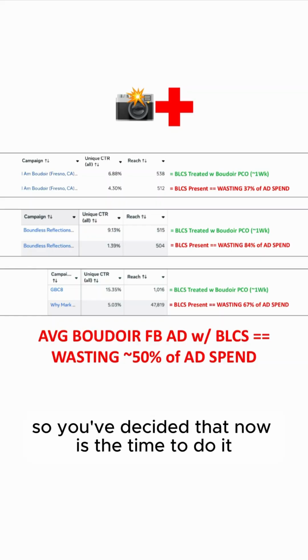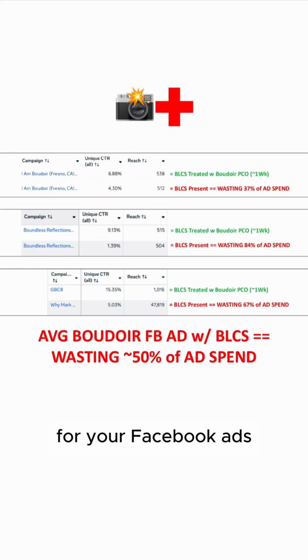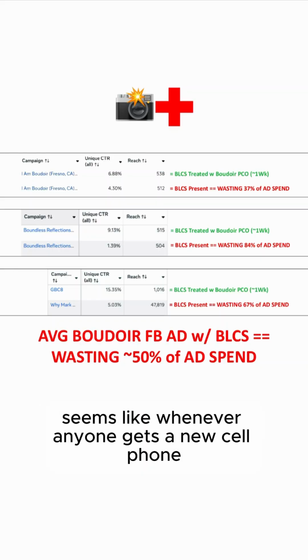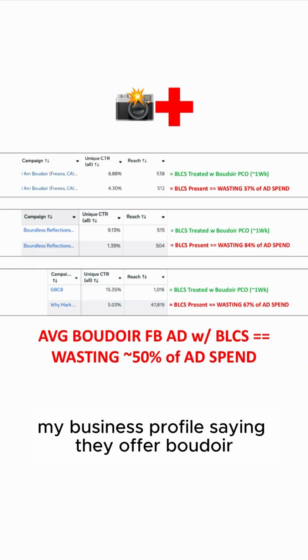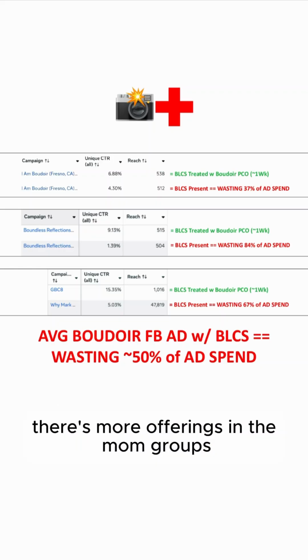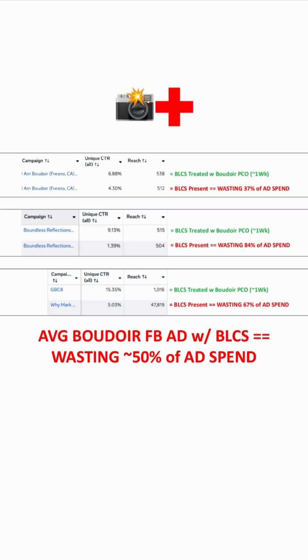So you've decided that now is the time to do it for your Facebook ads. Since you're looking around, you're seeing the market become more and more saturated. It seems like whenever anyone gets a new cell phone, there's a new Google My Business profile saying they offer Boudoir. And it seems like when everyone gets a new camera, there's more offerings in the mom groups for Boudoir sessions.